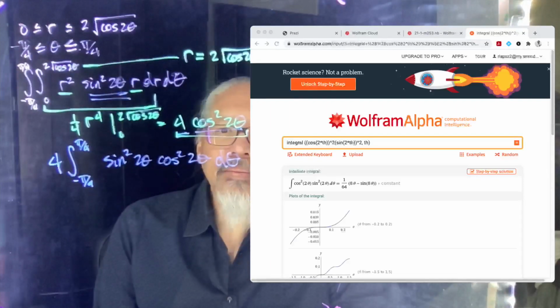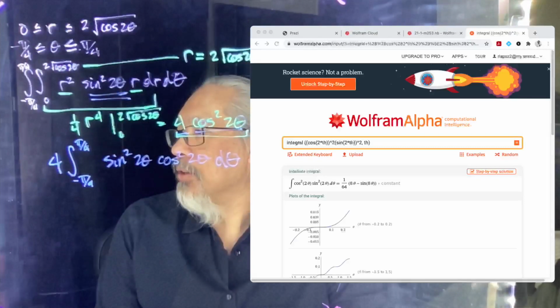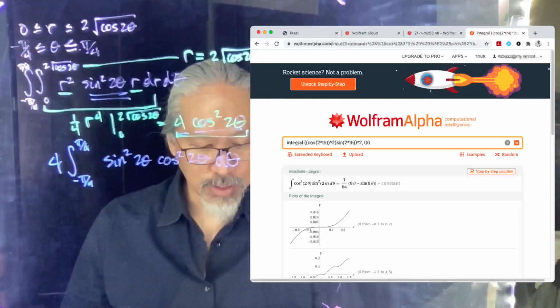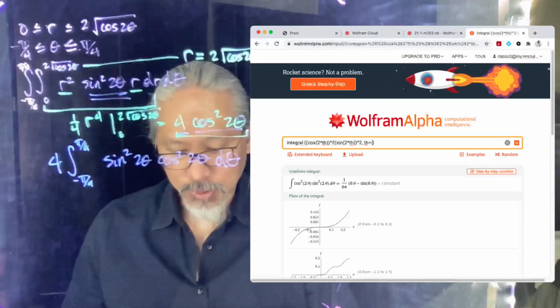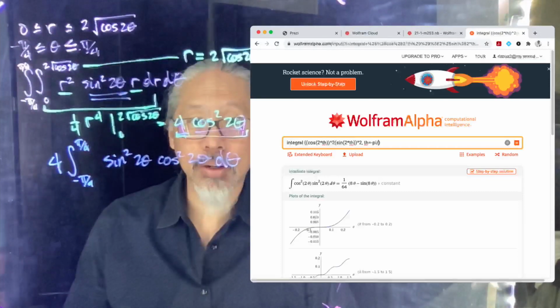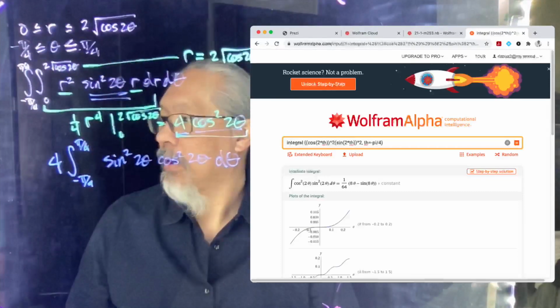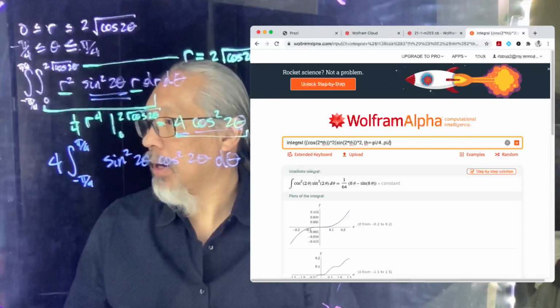Well, that's just the indefinite integral, so let's go all the way through and evaluate this at the appropriate limits, from negative pi over 4 all the way up to positive pi over 4.